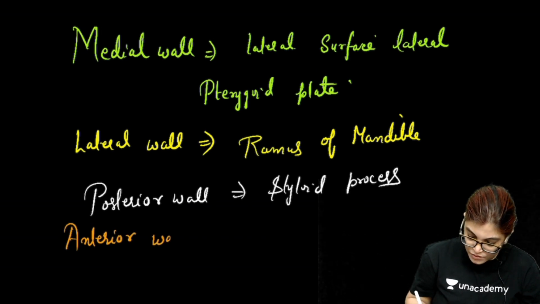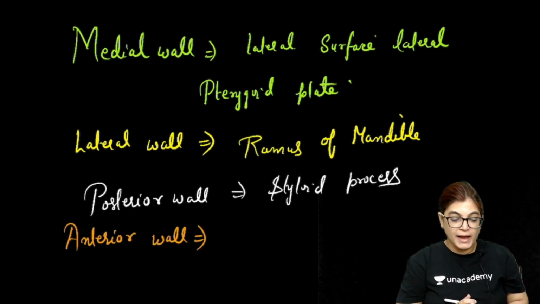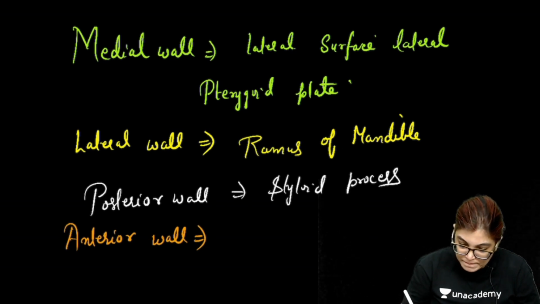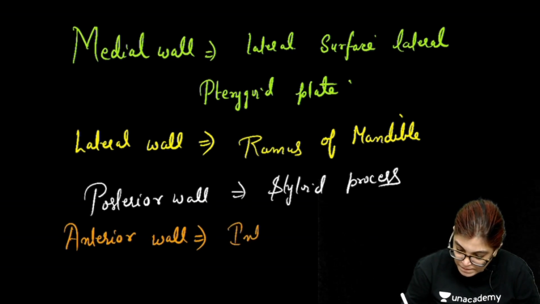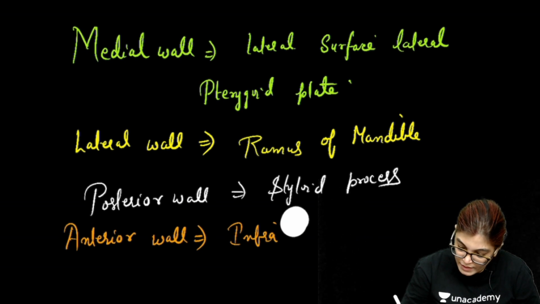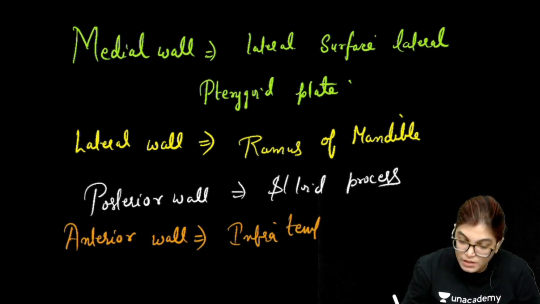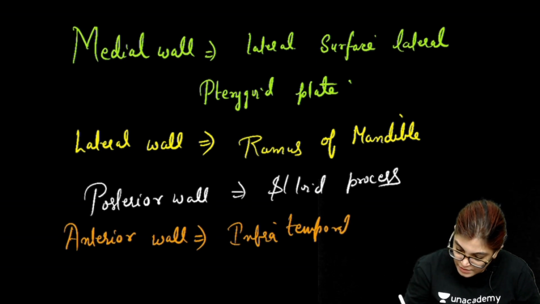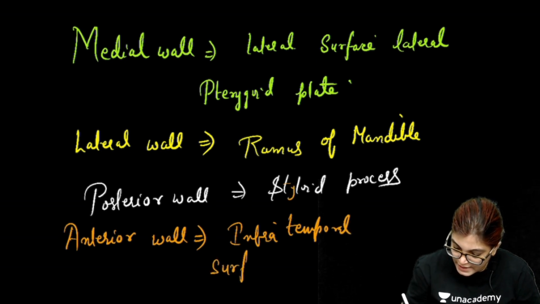The anterior wall is formed by the infratemporal surface of the maxilla bone.